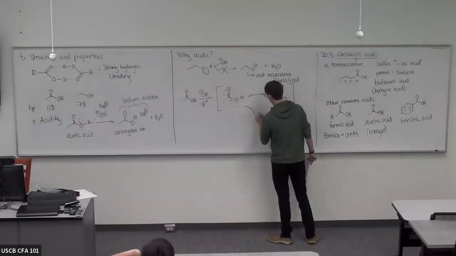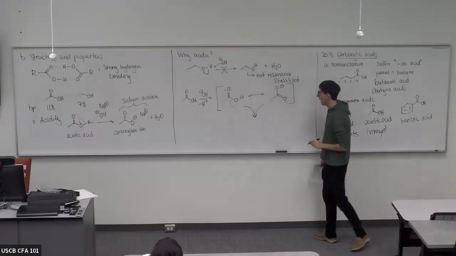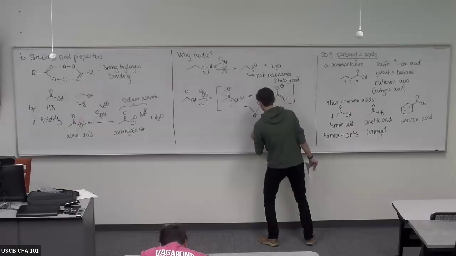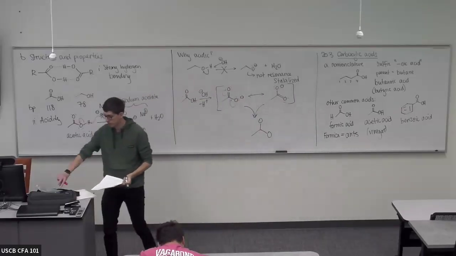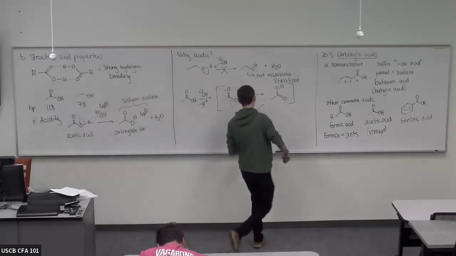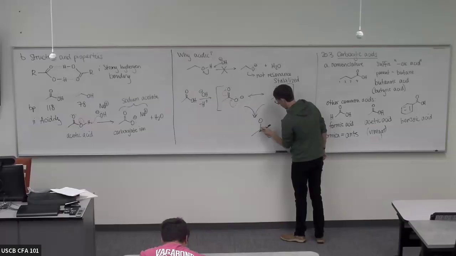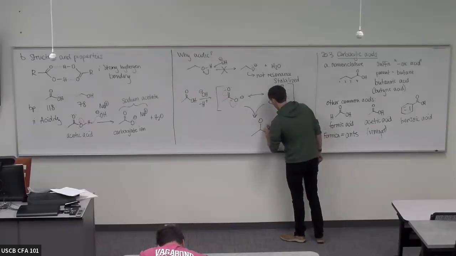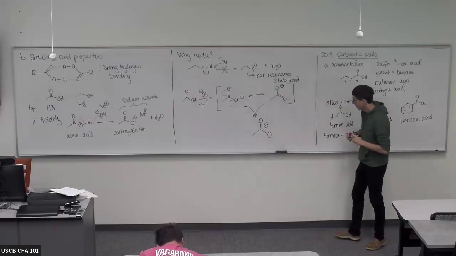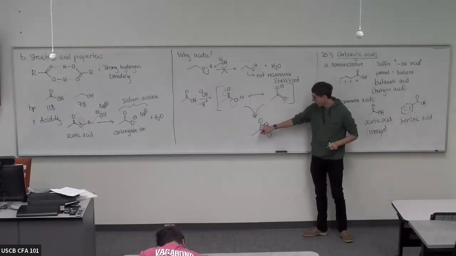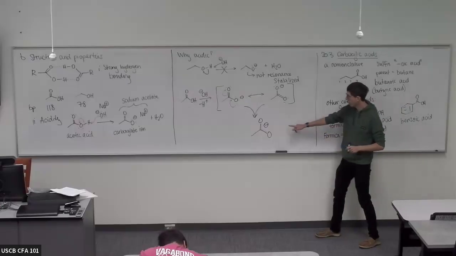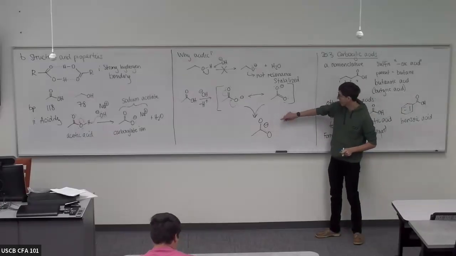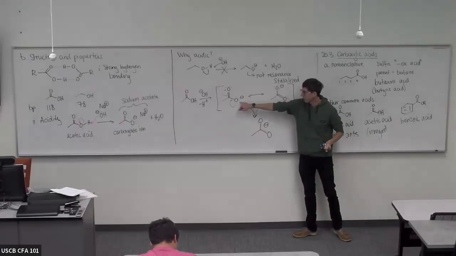And so sort of an average resonance structure for the carboxylate looks like that, where you've got sort of double bond character on both of these carbon oxygen bonds. And there's overall a negative charge in this area, but sometimes it's on this atom, sometimes it's on this atom.